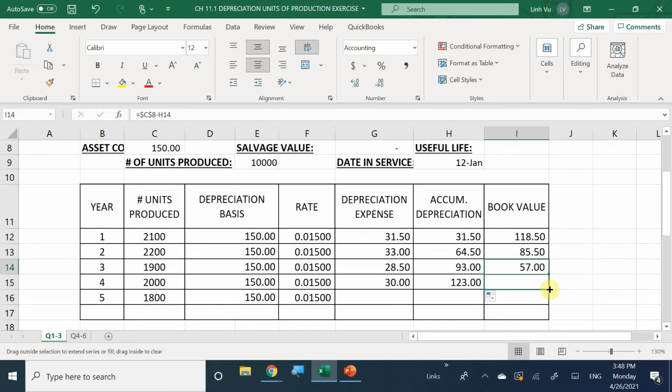No, it'd be 27. Oh, it would be 27. Sorry. Okay, good. Because remember, we didn't reach 0 yet. We're very close though. Let's go see what happened for year 5.